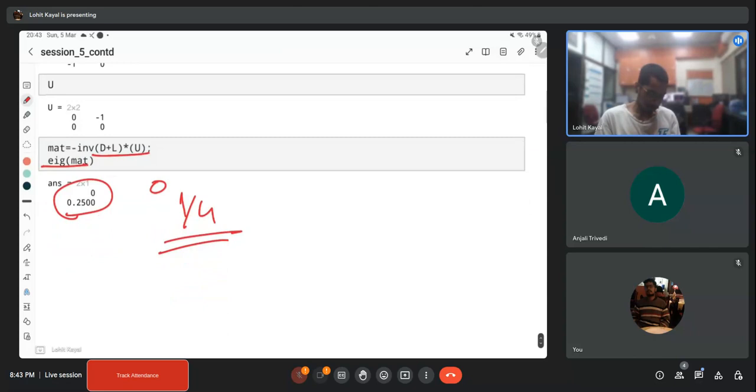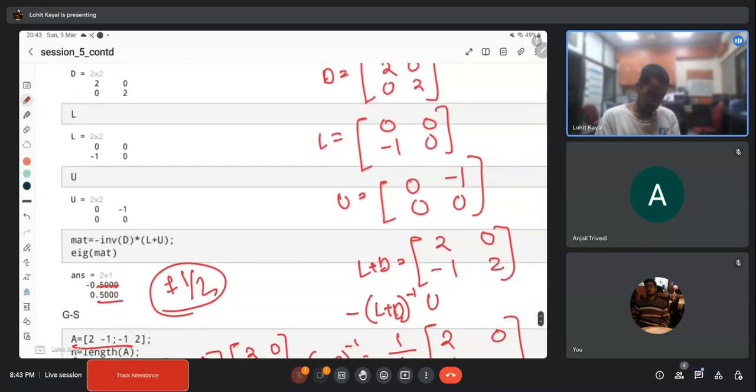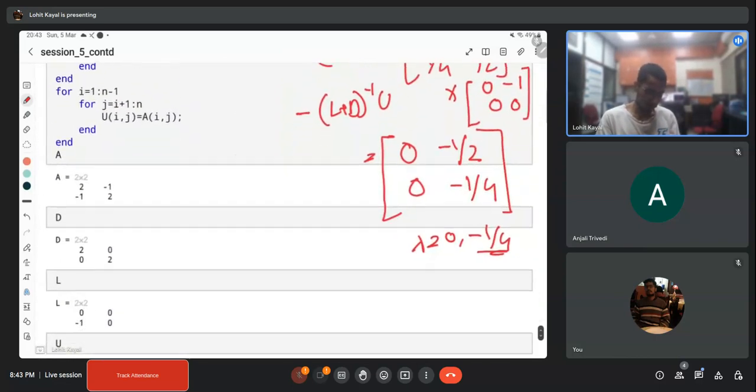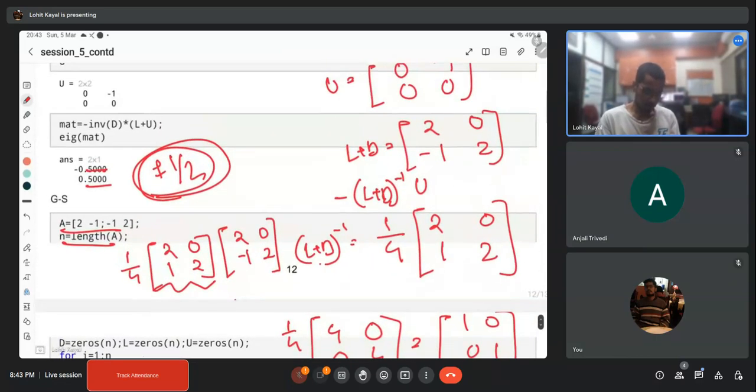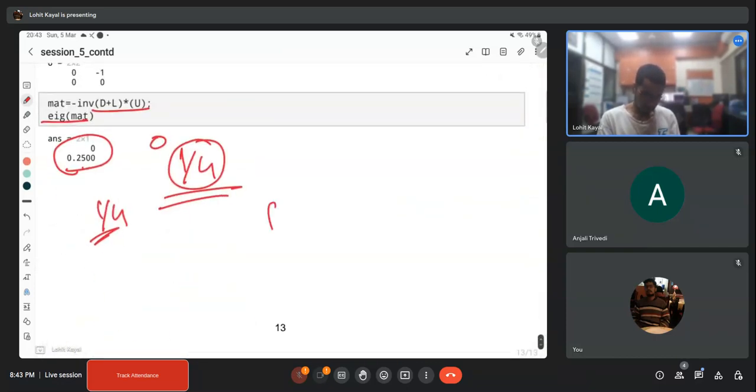So previously the maximum eigenvalue was half, and here the maximum eigenvalue is 1 by 4. In this way you can argue that the spectral radius for Jacobi is greater than the spectral radius for Gauss-Seidel.